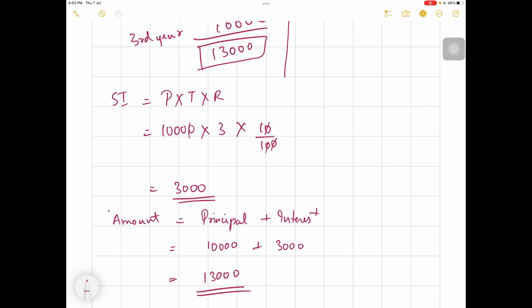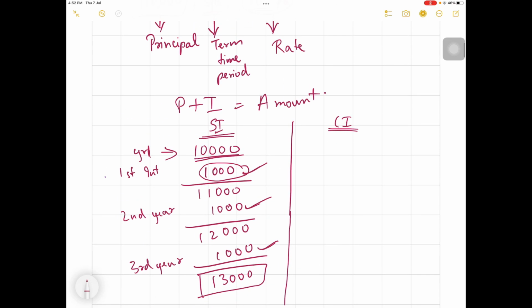This 13,000 is called the amount. The amount which I borrowed is called the principal. This is 10,000, and simple interest we have calculated is 3,000. Right, now when it comes to compound interest, you earn interest on interest. So in year 1 you borrowed 10,000.